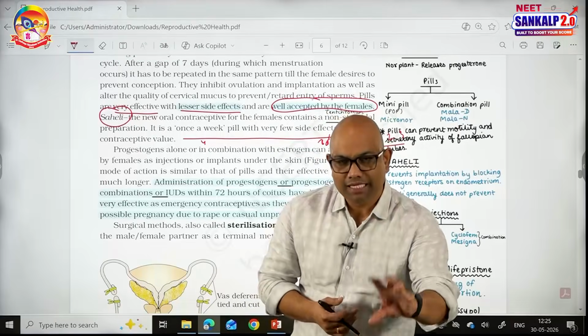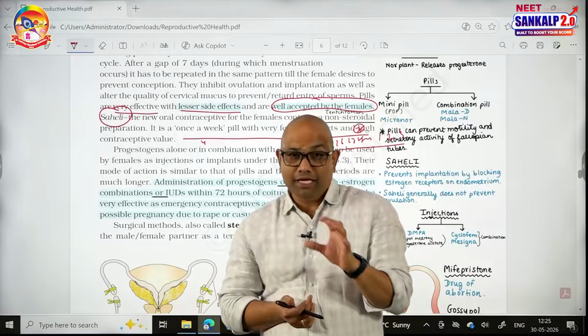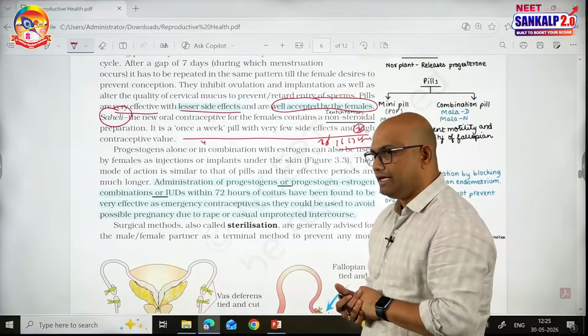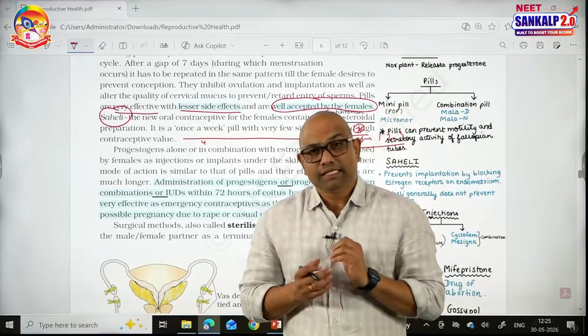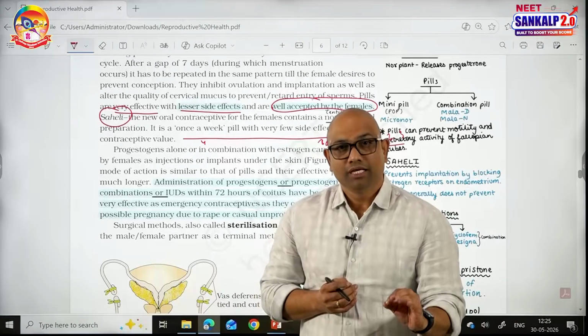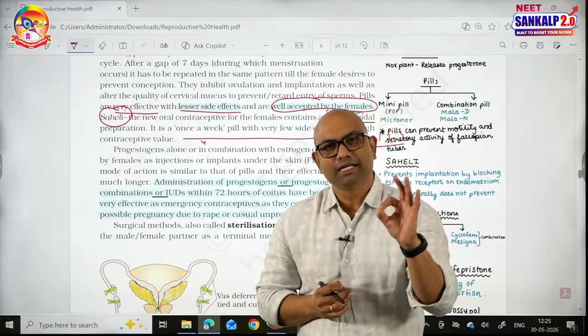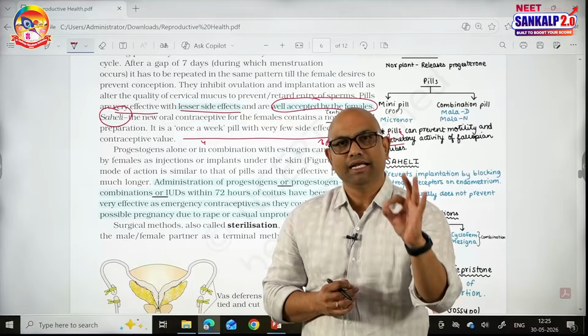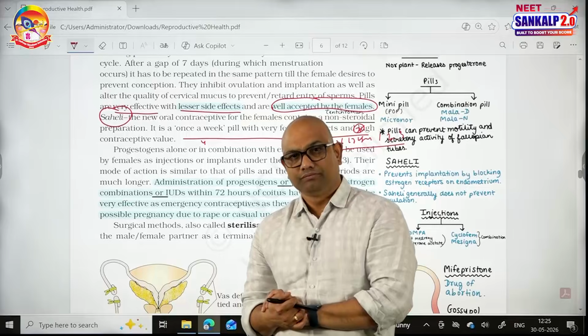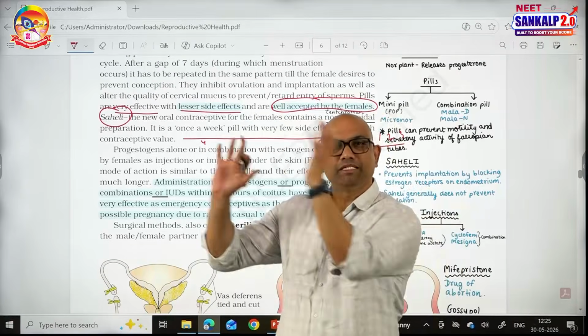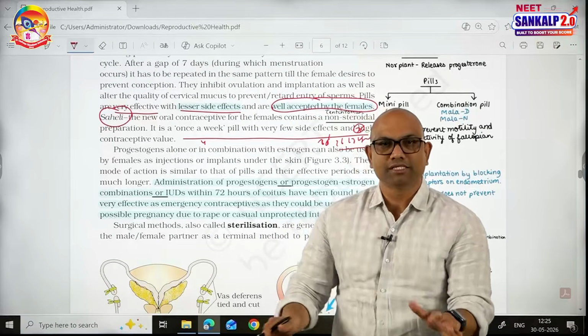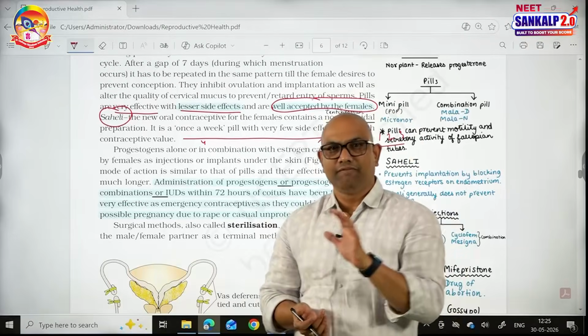And what is the mechanism of Saheli? The major important mechanism of Saheli is that it can prevent implantation by blocking the estrogen receptors on the uterine endometrium. It is a once a week pill.